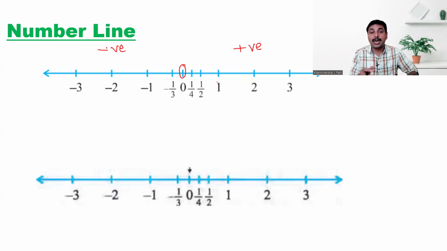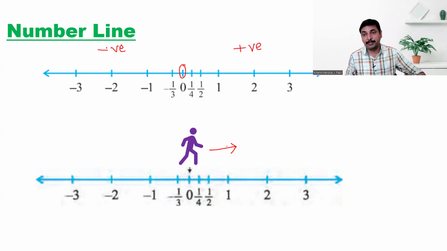Now suppose you start from 0 and you start walking towards the right side of the number line, what will you find? You will find all positive numbers. Yes or no? On the right side of the number line, you will find all positive numbers.